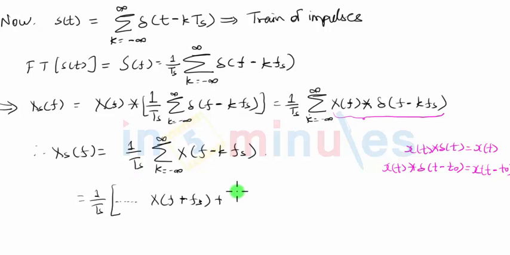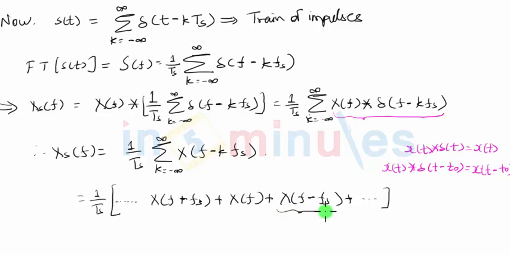If I put k equal to 0, I get X(f). If I put k equal to 1, I get X(f - fs), plus dot dot dot. So you can see the original X(f) is present as it is, and it gets added with the shifted versions of X(f).